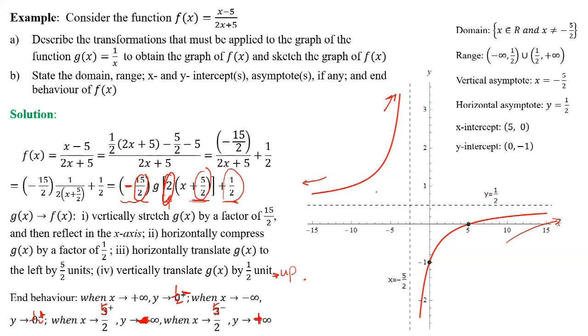Horizontal asymptote is y equals 1/2. And x-intercept is (5, 0). Y-intercept is (0, -1). You can simply put x being 0 into the original function to get the y-intercept, and put y equals 0 into the original function to get the x-intercept, right? Okay, any questions?